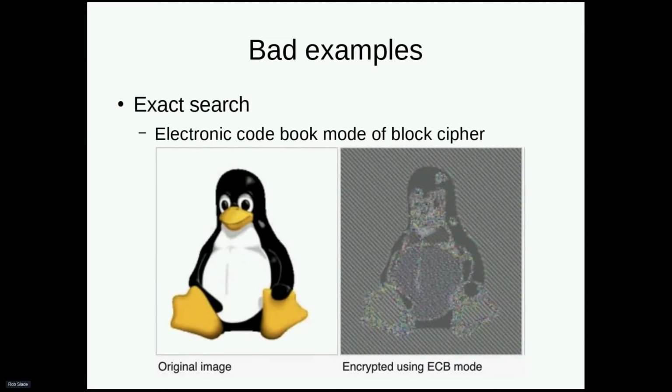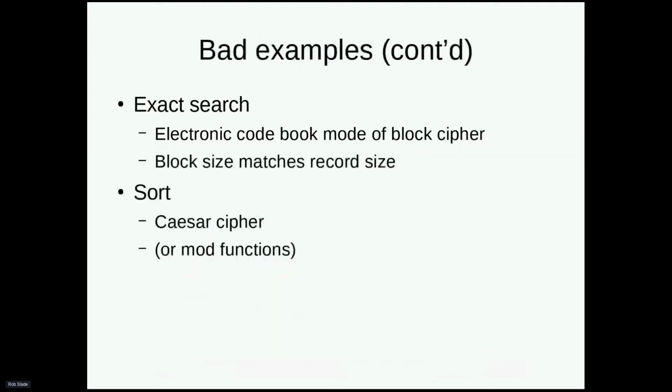So that is the weakest mode, anyways, of a block cipher. And we can do an exact search in the same way we did with the password hashing. As long as our block length matches our record length, we can do exact searches with that.